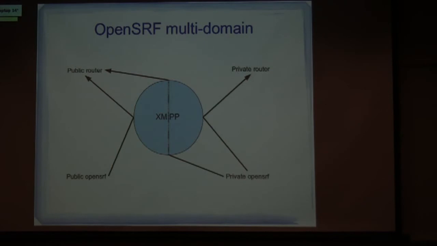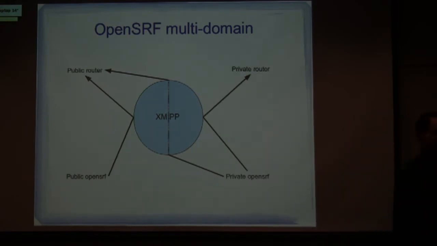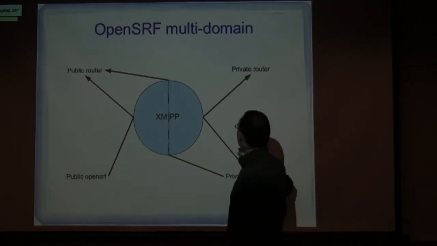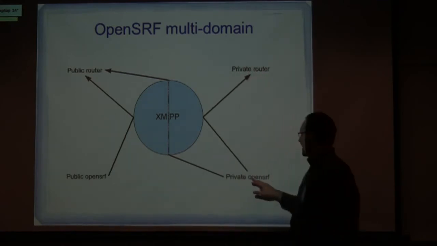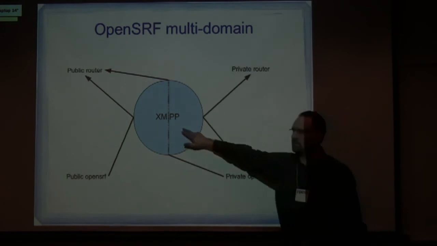And then most recently, in OpenSRF 1.0, I believe the multi-domain aspect was added. So up until OpenSRF 1.0, essentially, you had a router and OpenSRF client. These are both XMPP clients talking to the XMPP server.